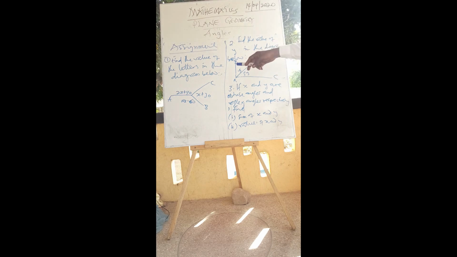We have this diagram, as you can see. Then the second one, find the value of y in the diagram below. You can see the diagram, with label A. Then 3, if x and y are obtuse and reflex angles respectively, find i, the sum of x and y, and ii, the values of x and y.